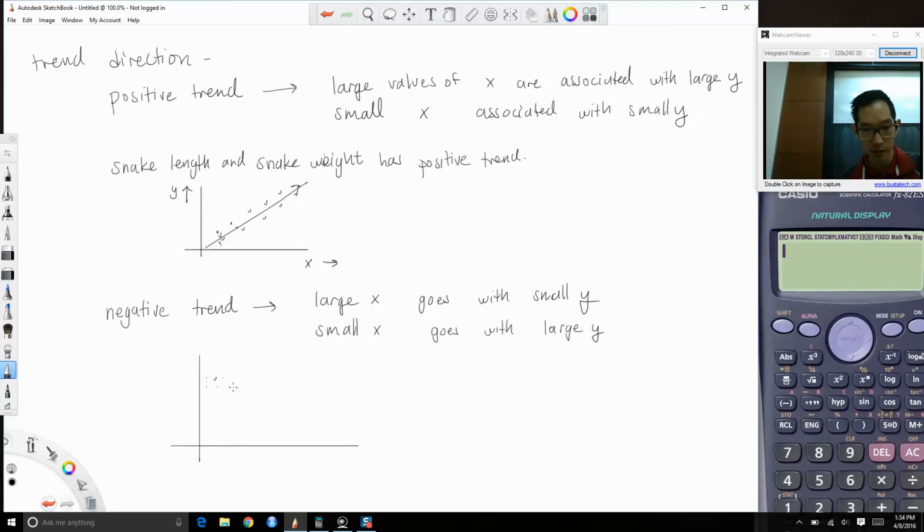Okay, and so the general trend would be something like this. If we look at small x right here, they go with large y. Meanwhile, large x goes with small y.